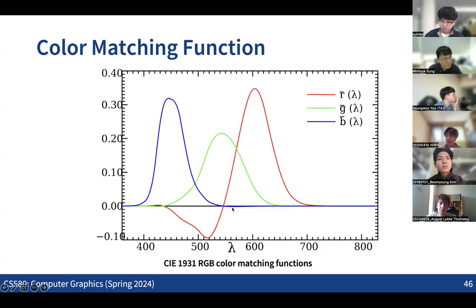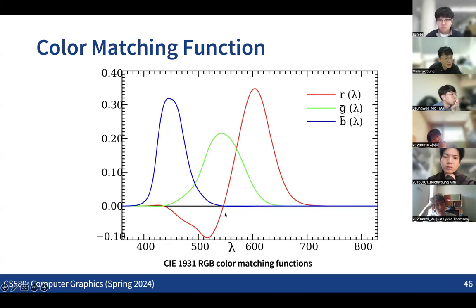This is an example of a color matching function, which was introduced in 1931. This is the first work introducing a color matching function, and after that there are many other variations. The interesting thing is that the color matching function even goes to negative values.